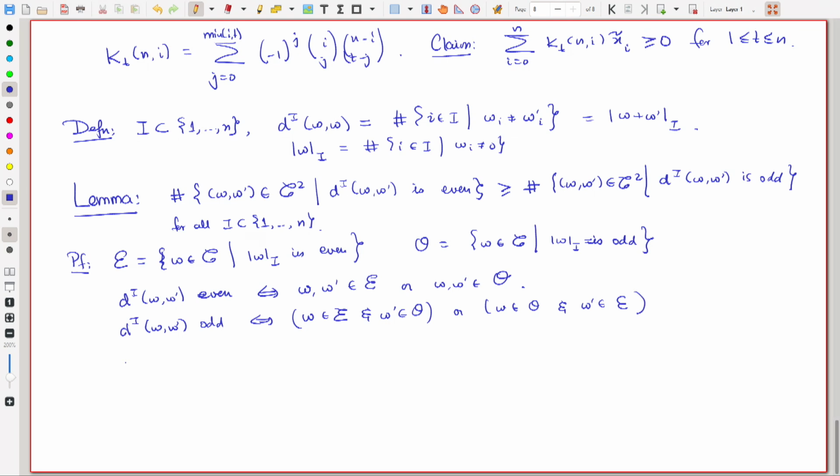So, this cardinality of this set, cardinality of LHS.